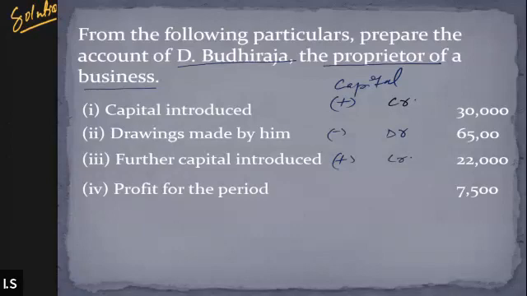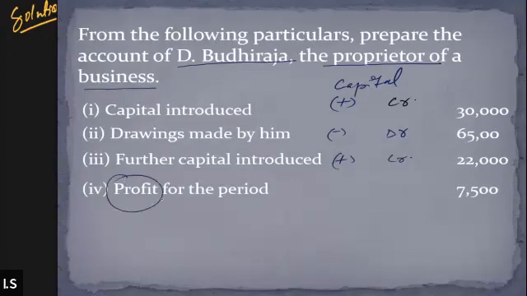Now tell me, if the firm is generating profit on the capital contribution made by the owner, how is it going to affect the overall capital? Profit, if anybody is able to recall, I think we have covered this point, Laviva. Whenever a firm or business generates a profit, does this lead to an increase or a reduction in the amount of capital? Profit belongs to the proprietor, right?